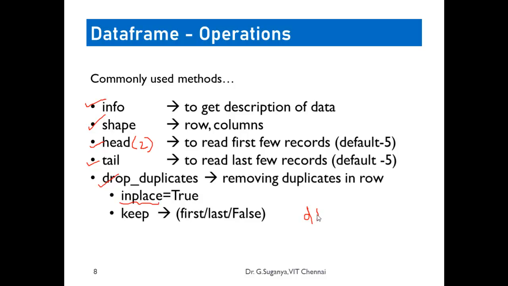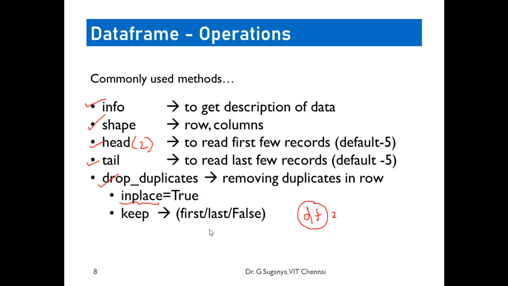Like how we normally use i, j and k, now we also use df. You can have any variable name. So suppose I want the duplicates to be removed from this data frame and I want it to be replaced there itself. What to do? You have to give inplace equal to True, meaning that the operation has to be performed on the data frame and it has to be stored back in the data frame itself.